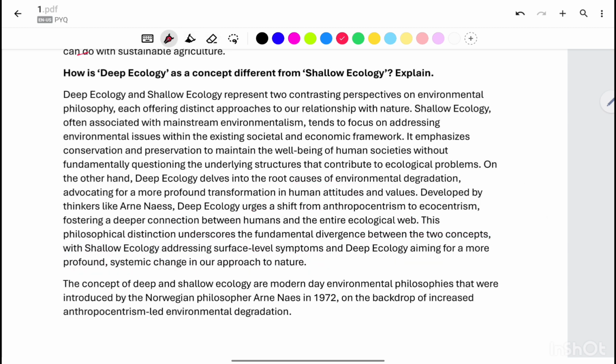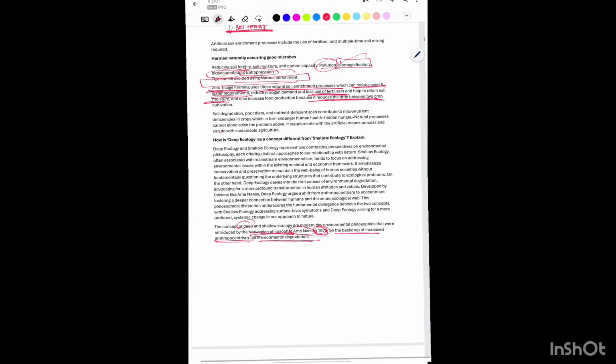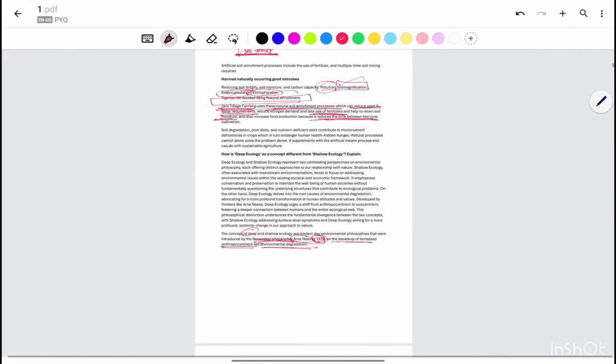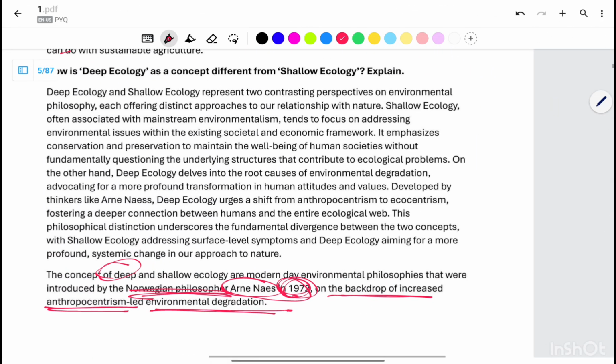Now, the concept of deep ecology was given by the Norwegian philosopher Arne Naess in 1972 against the backdrop of increased anthropocentrism led environmental degradation. It is easy to understand by reading itself, but once again, let us comprehend. We say deep ecology and shallow ecology are two different, opposite, contrasting concepts, right?